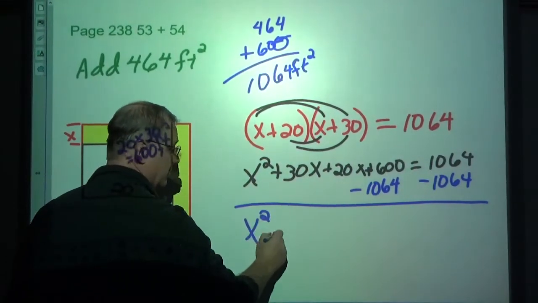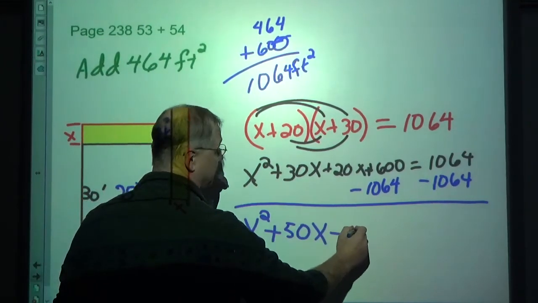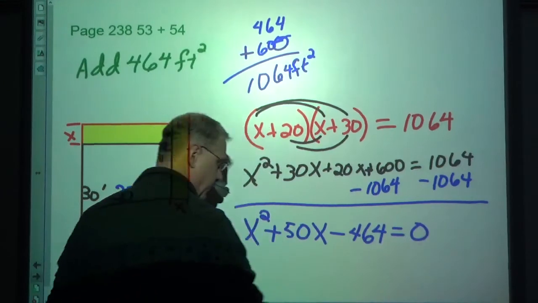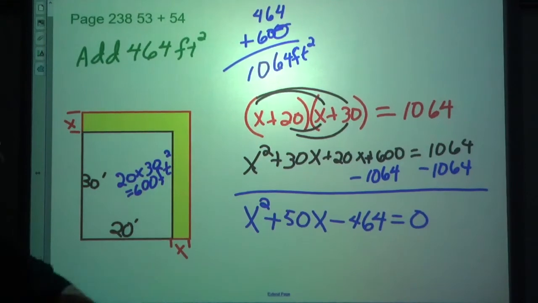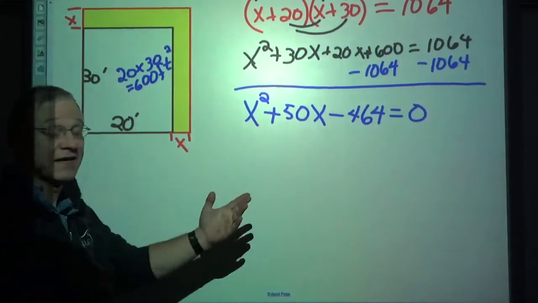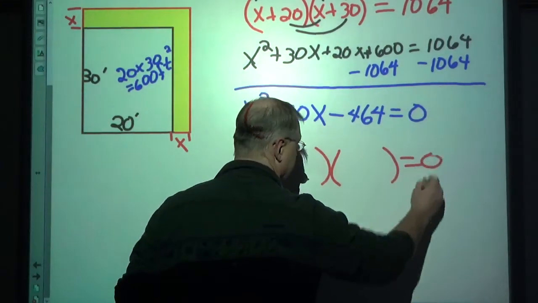X squared plus 50x minus 464 equals 0. Okay. Wow. That looks pretty complicated. I have to solve that now, which means I'm going to factor it. No GCF, so I'm going to factor it.